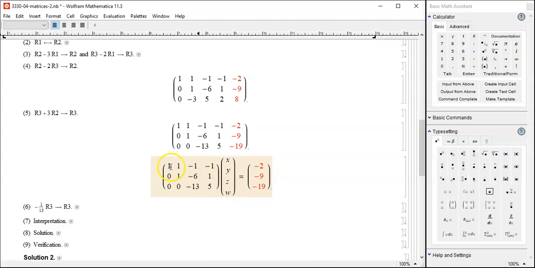X appears only in the first row, and Y appears in the second row and first row, and here, neither X nor Y appears in the third row. So we got a simpler expression. And then, of course, we can eliminate this 1 as well.